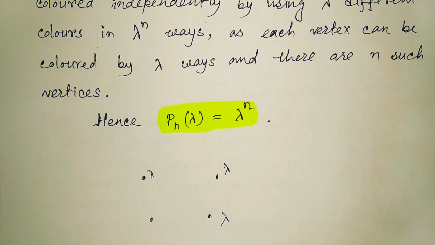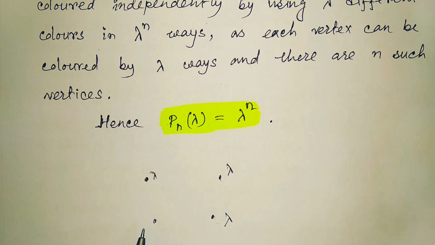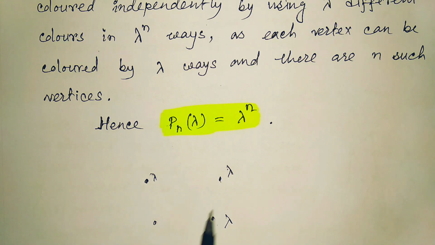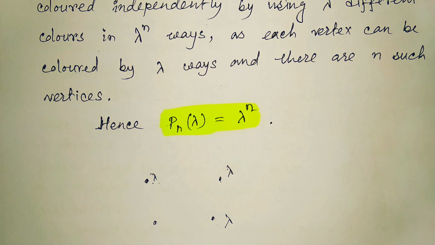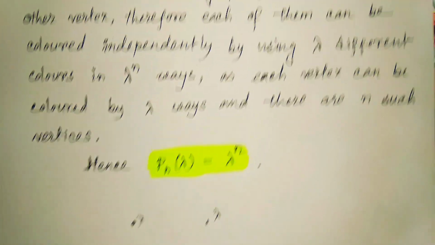Similarly, whatever the vertices given in a null graph, for each and every vertex we can choose from lambda different colors, so for each vertex the total number of ways to choose a color is lambda. Hence, depending upon the total number of vertices, the polynomial should be lambda to the power n. That is by the principle of counting. Hence the proof.